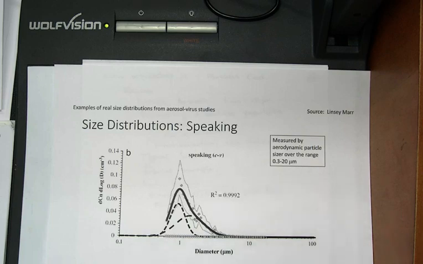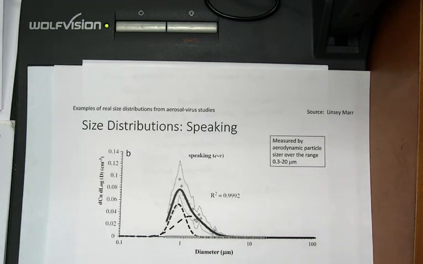When you speak, you emit aerosols. If you're infected with an infectious respiratory disease, then those aerosol particles may be loaded with the infectious agent. So my point is, you need to be able to understand what this means.